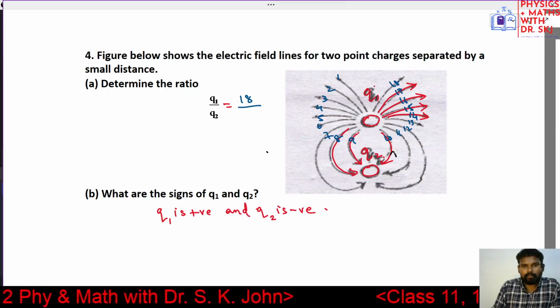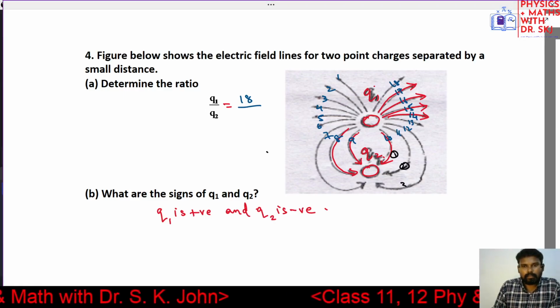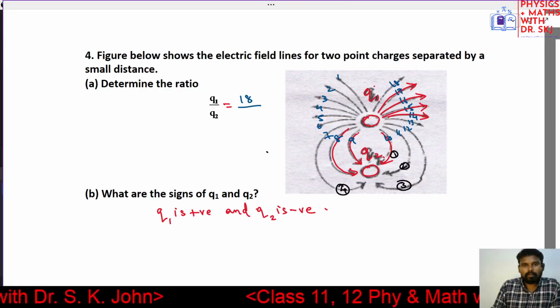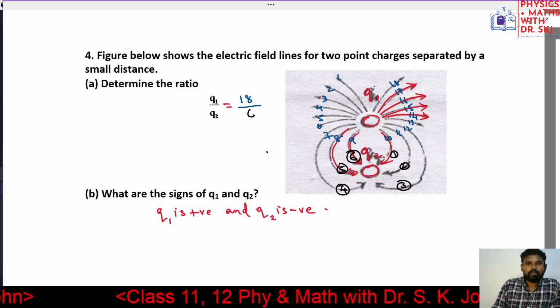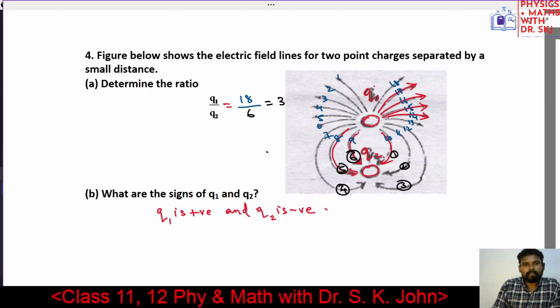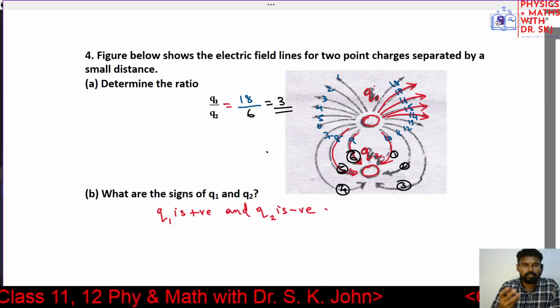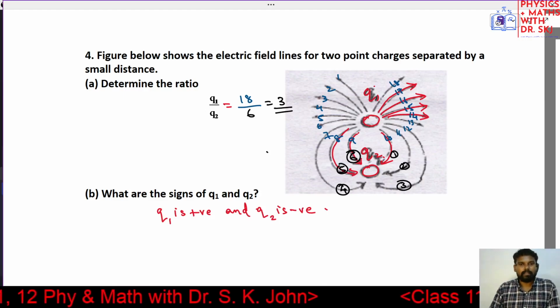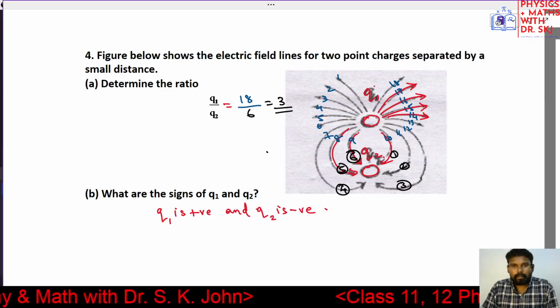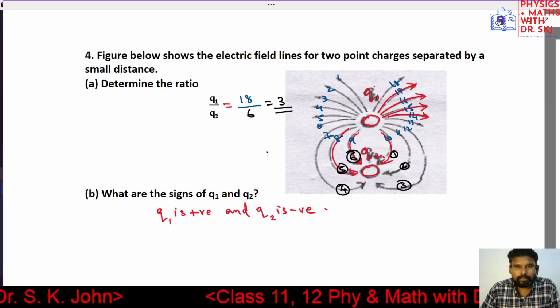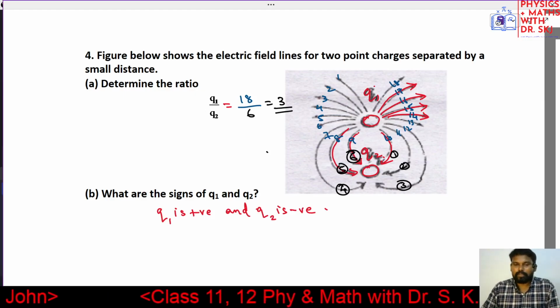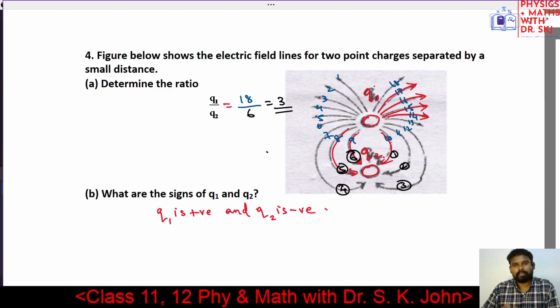I will count from here: 1, 2, 3, 4, 5, 6. Only 6 lines are reaching q2. So the ratio of the magnitudes of the charges is 3, right? Okay, the ratio is 3. 18 by 6 equals 3.